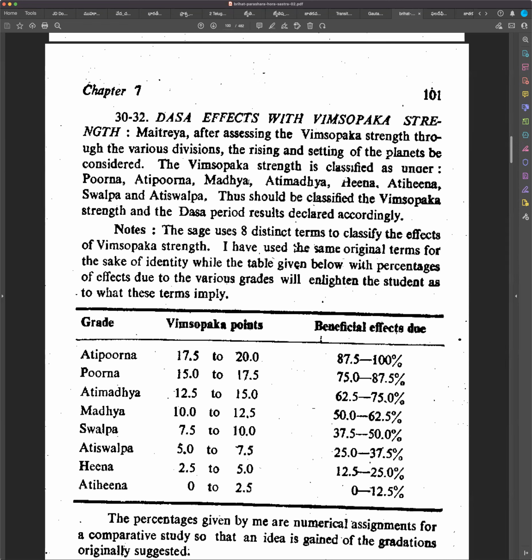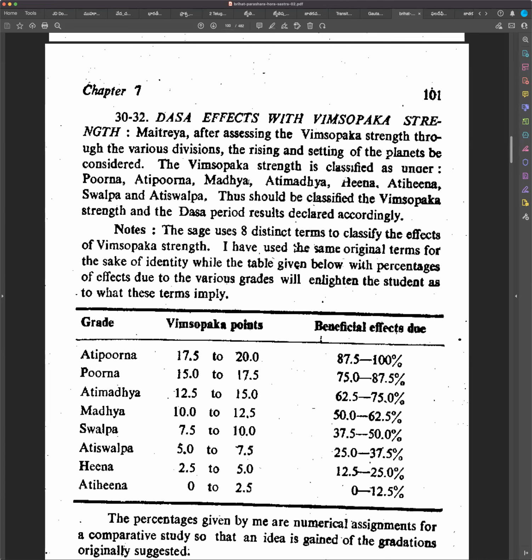So for Atipurna, the Vimshopaka points are 17.5 to 20, so percentage 87.5 to 100%. You can see the table: Purna, Ati Madhya, Madhya, Swalpa, Ati Swalpa, Hina, Ati Hina. Ati Purna means a planet is exalted. Purna, planet is in Adhimitra.